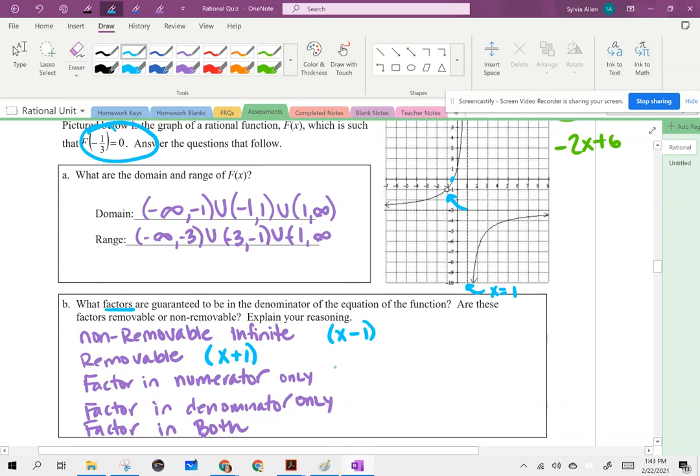So the factor in the numerator only is going to be 3x plus 1. The factor in the denominator only is going to be the vertical asymptote. So that is going to be x minus 1. Same thing here. And then a factor in both is going to coincide with the removable. So that's x plus 1.